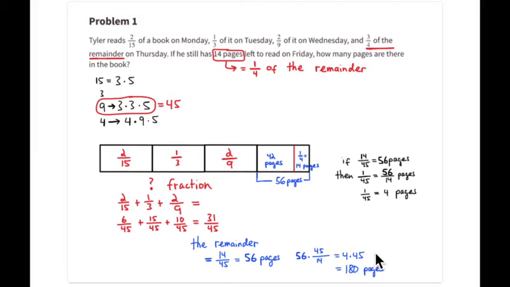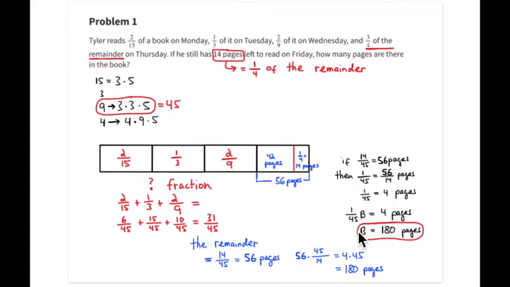And then you multiply by 45 to get the entire length, the entire number of pages of the book. So 1/45 of the book is equal to 4 pages. So that means that the book is equal to 45 times that 4 pages. So that's multiplying by the multiplicative inverse of 1/45, which is 45.